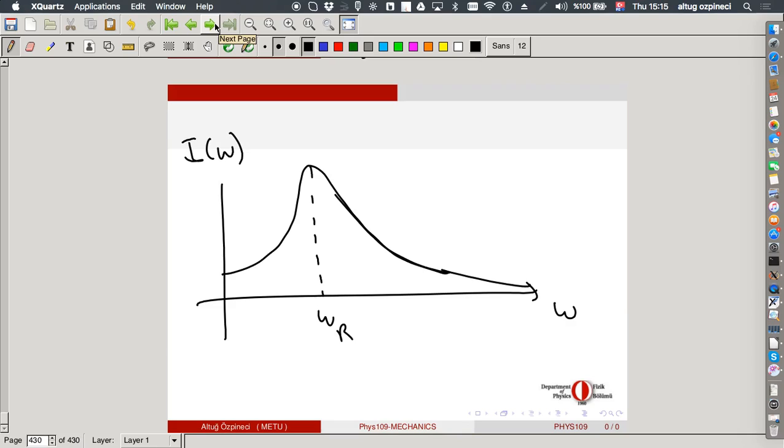Now, if the frequency is very large, you basically don't feel it. It has practically no impact. This is in fact one of the reasons, for example, that the lights in this classroom are blinking like 50 times a second.